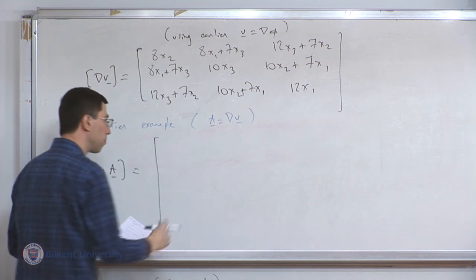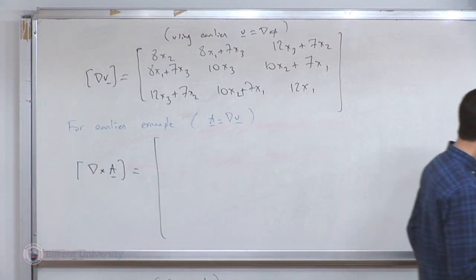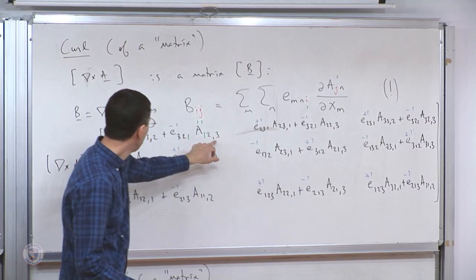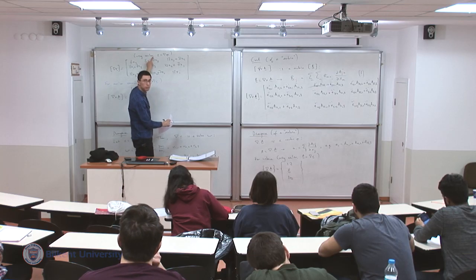Now, this takes a little bit of time, but again, let's do one together. 1, 3, 2 minus 1, 2, 3. 1, 3, 2, it's 7. Okay, 1, 3, 2 minus 1, 2, 3. 1, 2, 3, 7. So plus 7, minus 7.